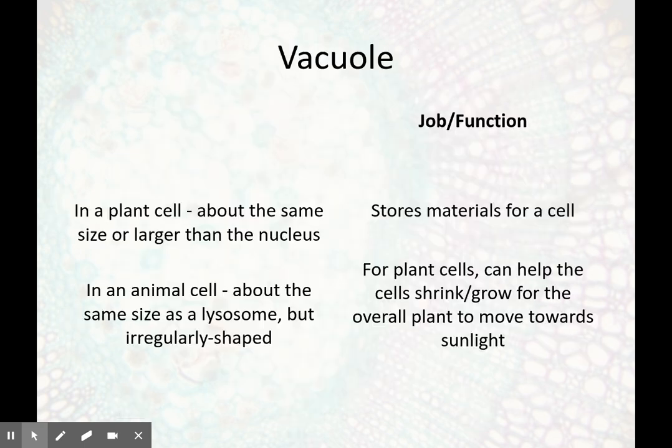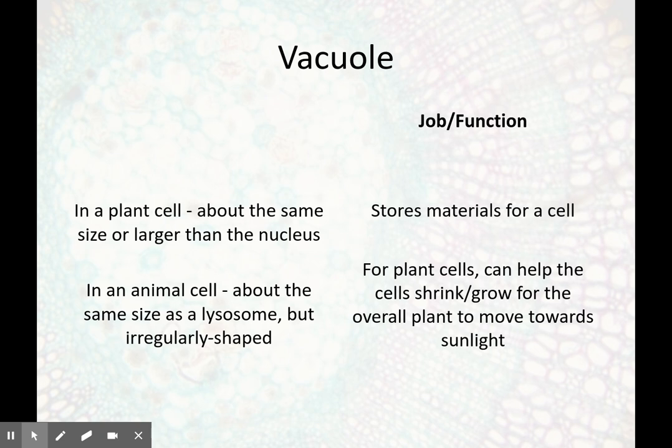All right. Vacuoles come in different sizes. In a plant cell, it's either the same size or can actually be the only thing larger than the nucleus. In an animal cell, it's about the same size as a lysosome, but it's irregularly shaped. The job of a vacuole is to store stuff. It usually stores water or nutrients or anything else the cell just wants to kind of hold on to.